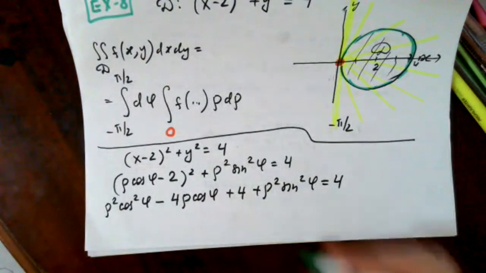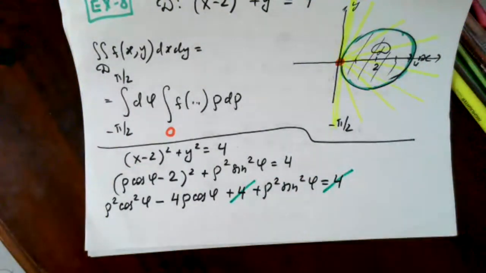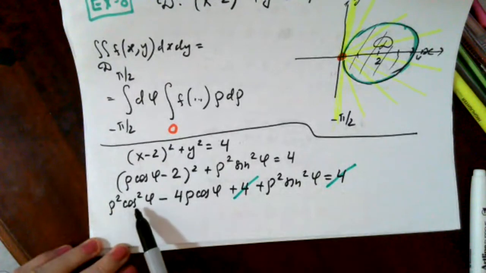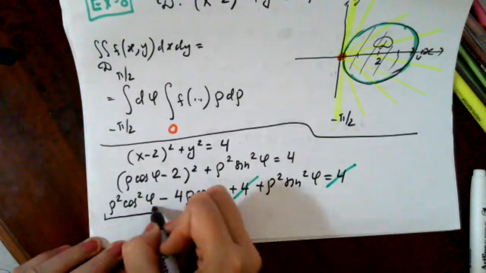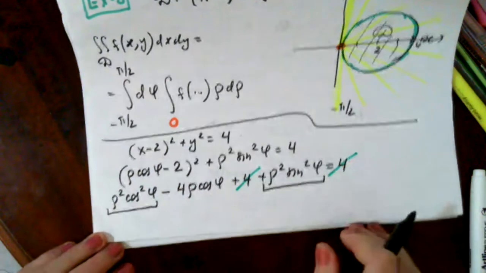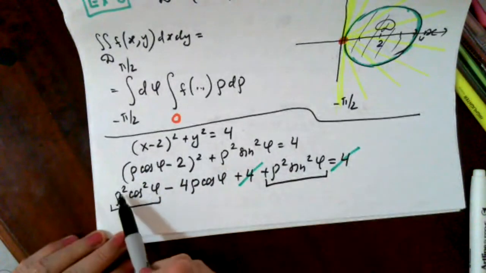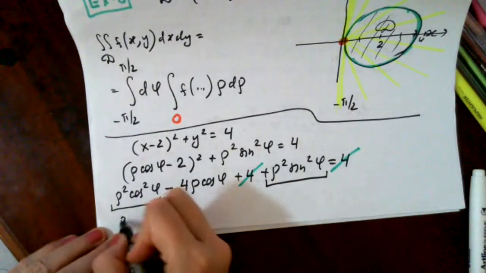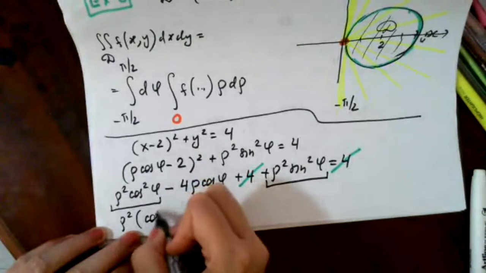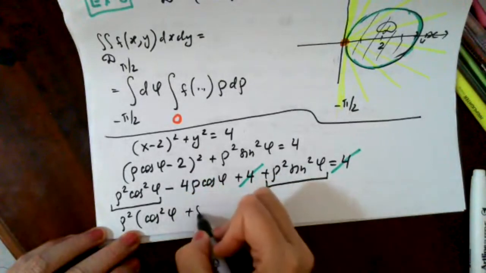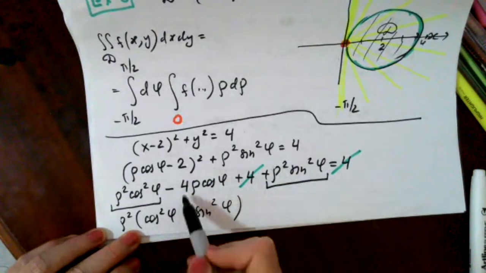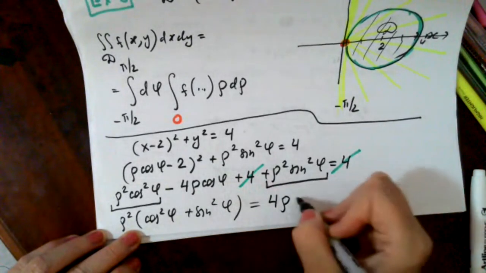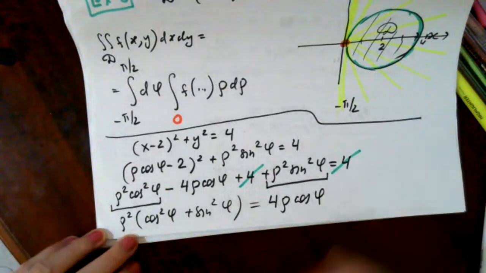The good news is that these two terms cancel out, and moreover, we can consider these two terms and realize that if you pull out the common factor r squared from these two terms only, you will end up having 1 inside the parentheses. Let's do it. So cosine squared plus sine squared of phi. But as for this term, let's move it to the right hand side, 4r cosine of phi.